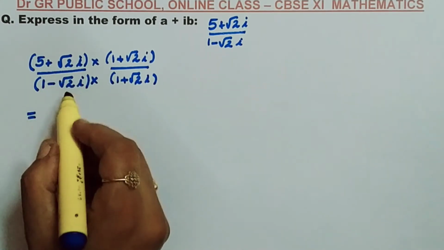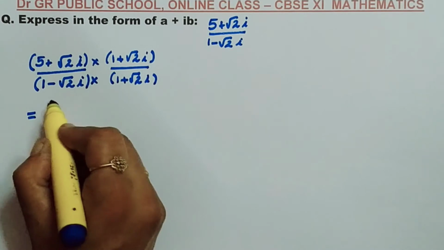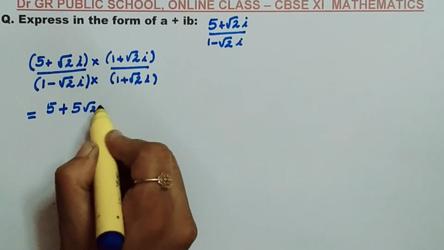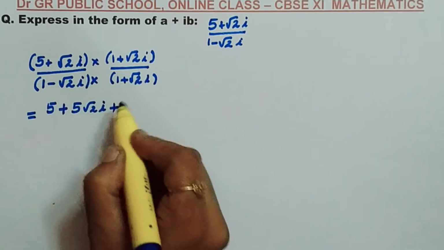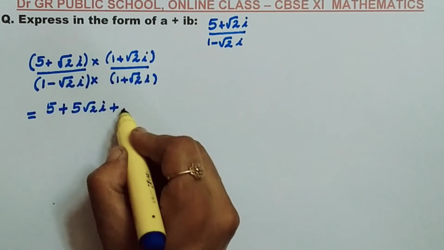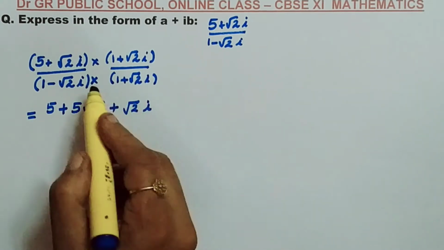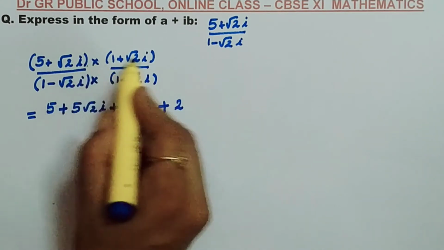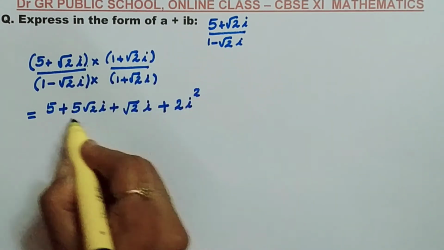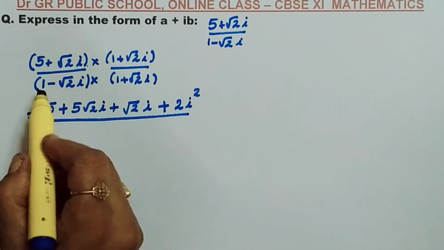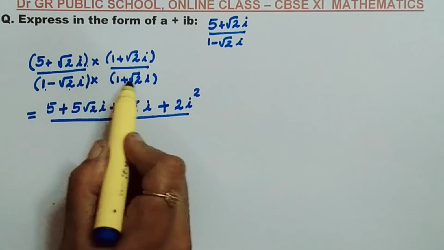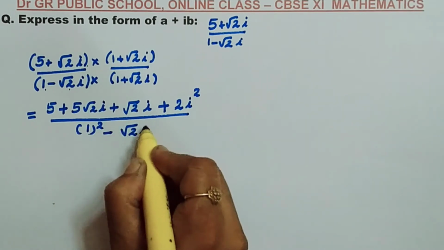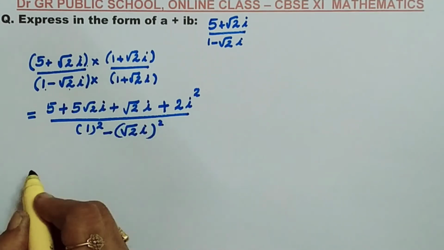Multiplying out: 5 into 1 is 5, plus 5 into root 2i is 5 root 2i, plus root 2i into 1 is root 2i, plus root 2 into root 2 is 2, i into i is i square. The whole is divided by the denominator of the form a minus b into a plus b, which is a square minus b square, where b square is root 2i the whole square.